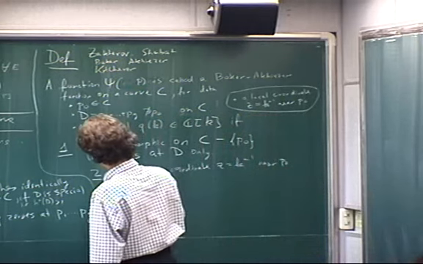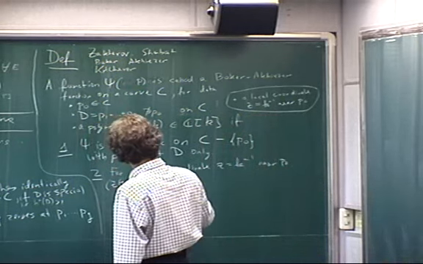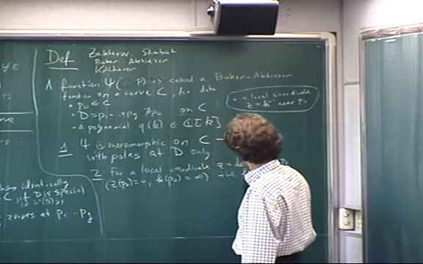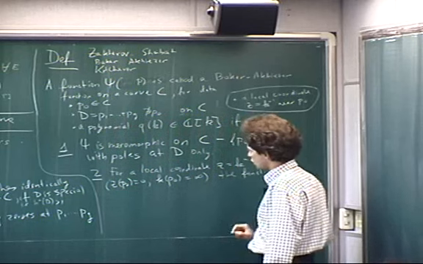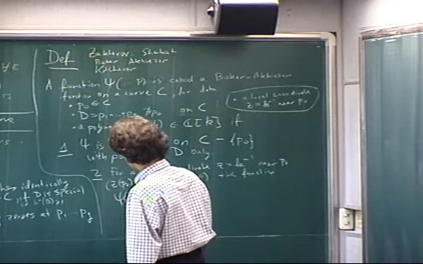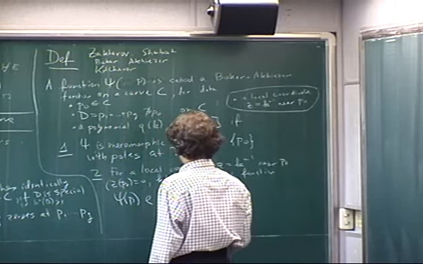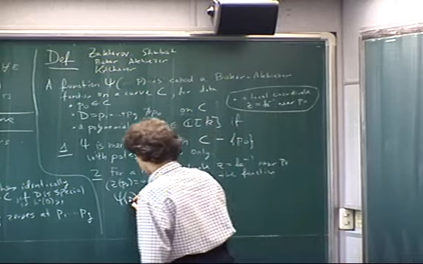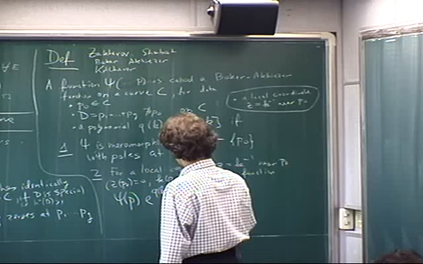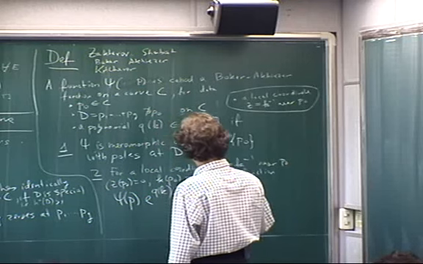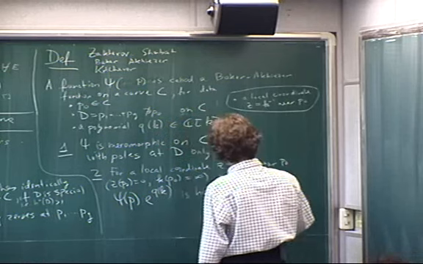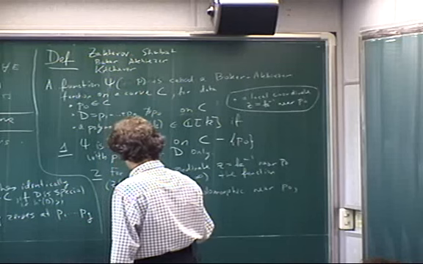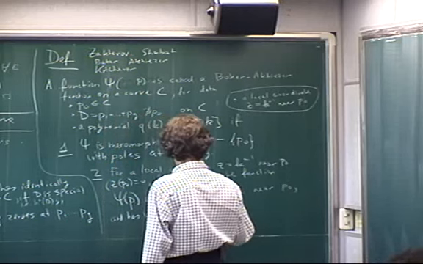What I mean is that Z of P naught is 0 and K of P naught is infinity. The function psi of p times the exponent of q of k is holomorphic near p naught and has value 1 at p naught.